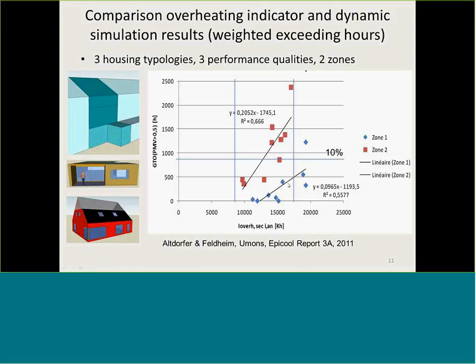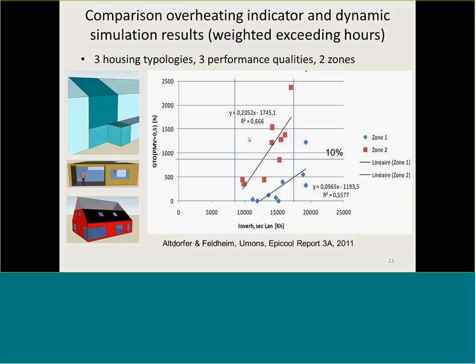In most of the simulations this is the case, but you may still have some zones in the house which, based on the dynamic simulations, show exceeding hours which are much larger than 10% a year, and so which may still experience severe overheating problems.